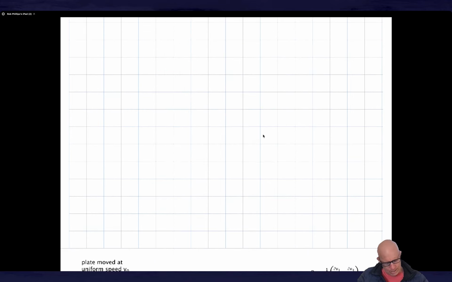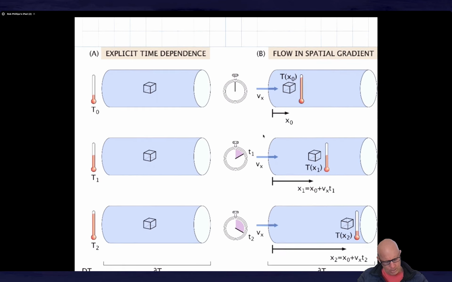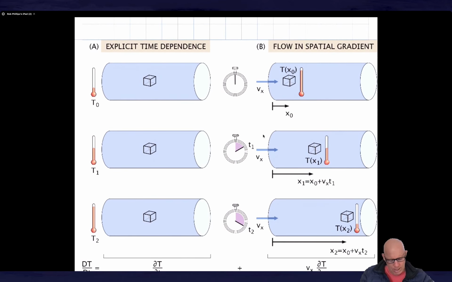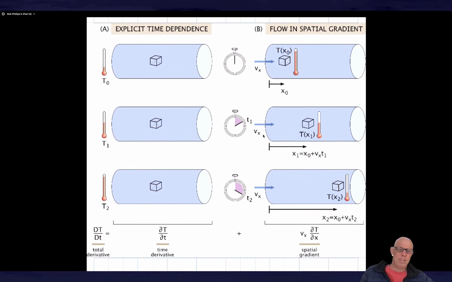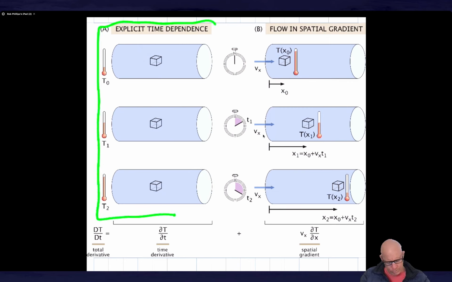Let's just take a little aside and comment on this. What the material time derivative, or the total derivative, is telling us is how we can get time dependence in a flow like this. And it's subtle. On the left-hand side, I'm showing you a case in which the fluid is static.